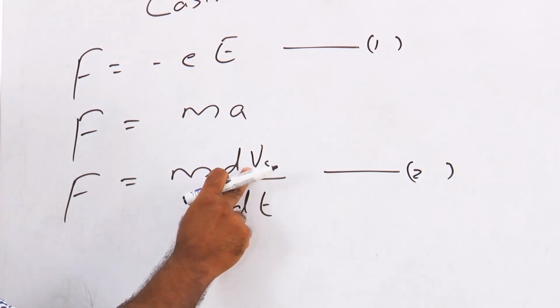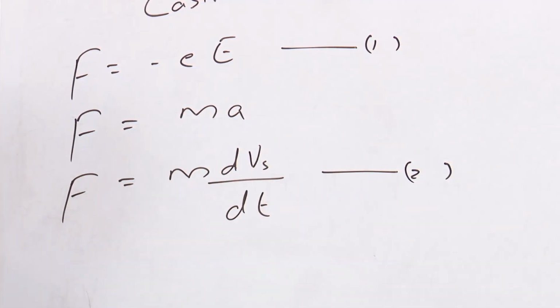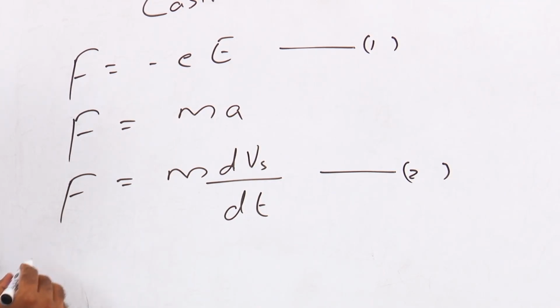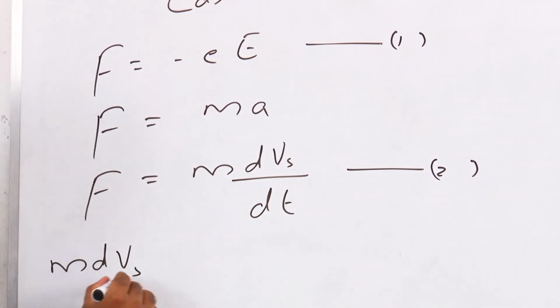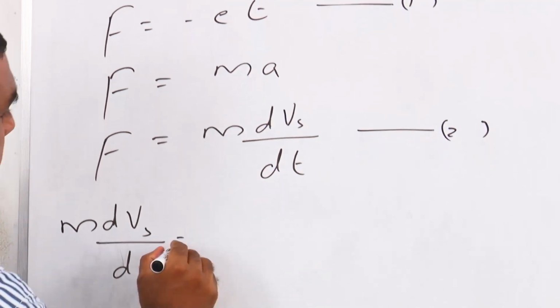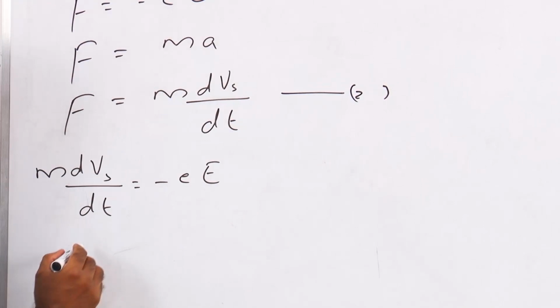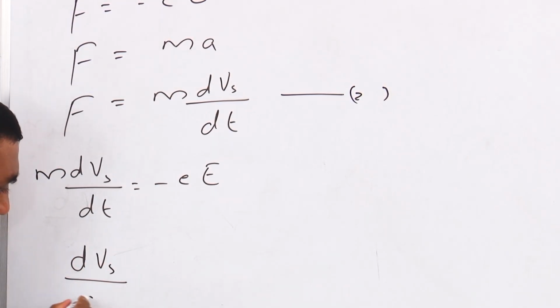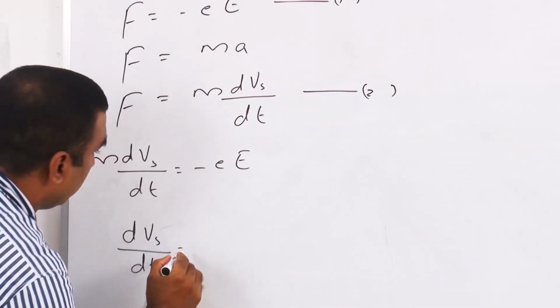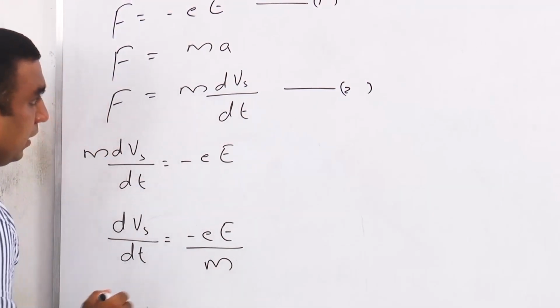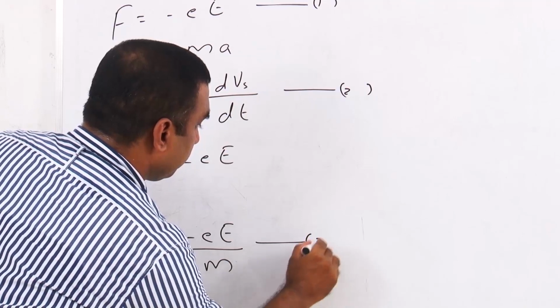This vs is the drift velocity of superelectrons. Comparing these two, we get m dvs by dt is equal to minus eE, or dvs by dt is equal to minus eE divided by m. Let that be relation number 3.